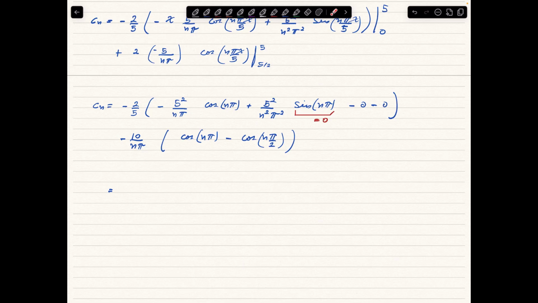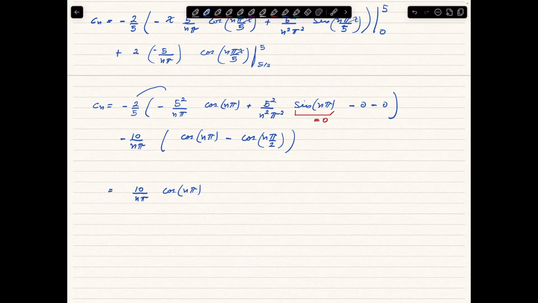Recall this factor goes here and then goes there. Oh, sorry, that is 0, so it only goes there. So we are going to have negative is plus, 5 is going to cancel, and the other is going to make a 10 over n pi, and then we have a cosine of n pi. Okay.